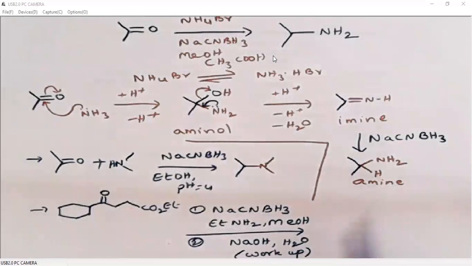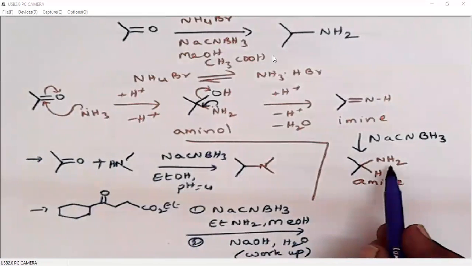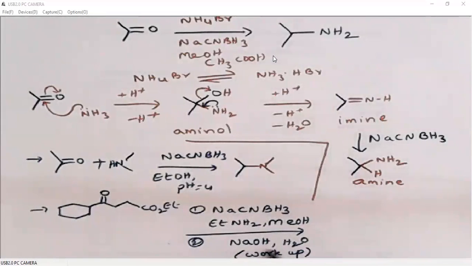If you want pure amine, after doing workup we need to wash the reaction mixture with sodium hydroxide. Sodium hydroxide is a base, so that will pick up the proton from the ammonium ion and release the free amine. So if you want a free amine, we must do sodium hydroxide washing while workup.